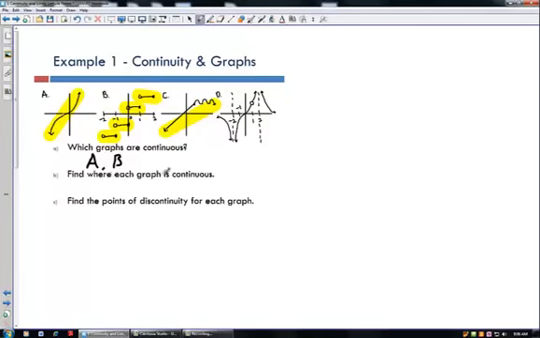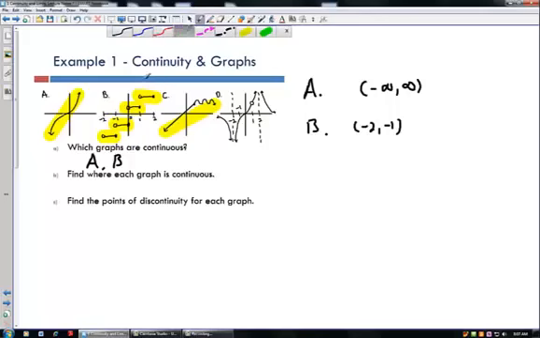And so find where the graph is continuous. Let's look at A, B, and C, and let's just do these separately. For A, this graph is continuous everywhere, so I'd say it's continuous on minus infinity to infinity. Now for B, it's continuous on certain intervals, so I would say it's continuous between -2 and -1. Let's do a different color marker.